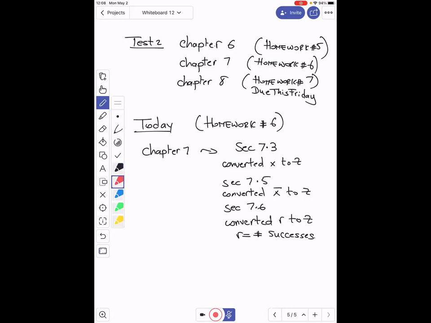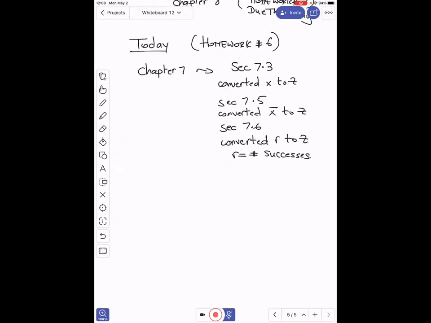All right. So let's start with the first exercise. Okay, exercise 1. So the keyword in this chapter 7: sections 7.3 and 7.5 are both about normal distributions, right?